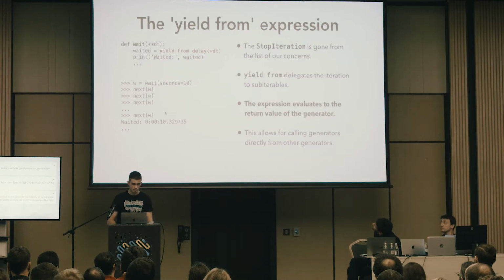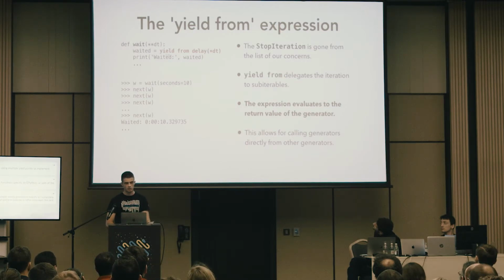So you're calling next, and you're trying to get somewhere, and at some point, after those 10 seconds, you get the value. Because you're using yield from, this whole expression evaluates as the return value from delay, which is the time it took for you to request the value.